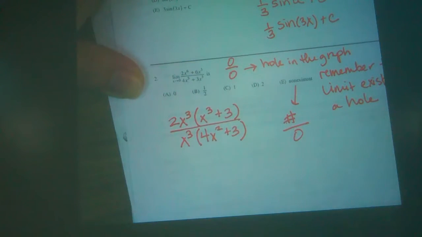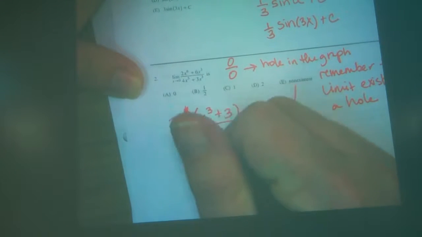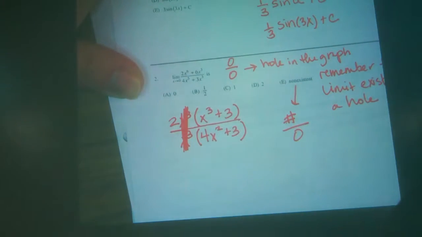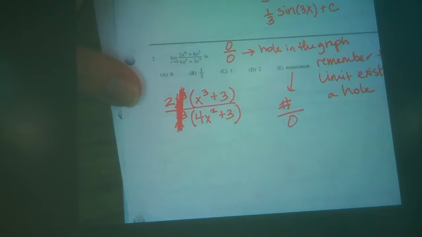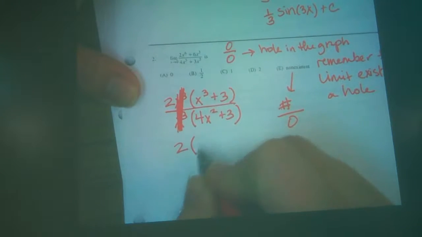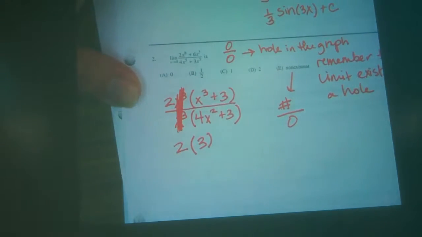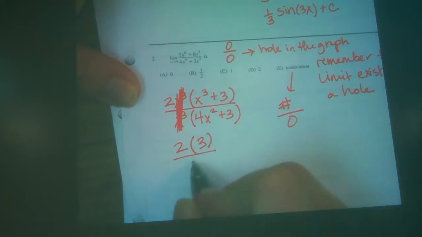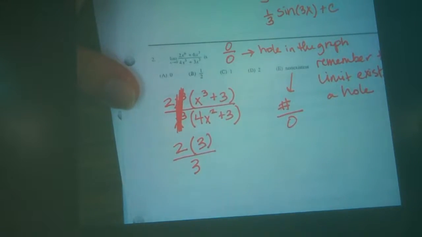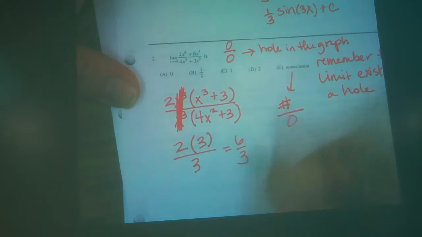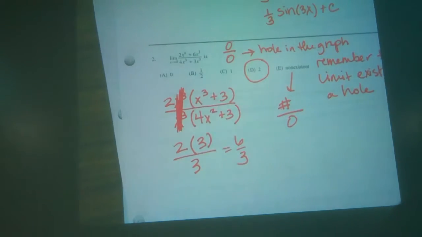Then I can cancel out the x cubes that I factored out. And now I can substitute. When I substitute 0 for x, I get 2 times 3 on the top and 3 on the bottom. So I get 2.